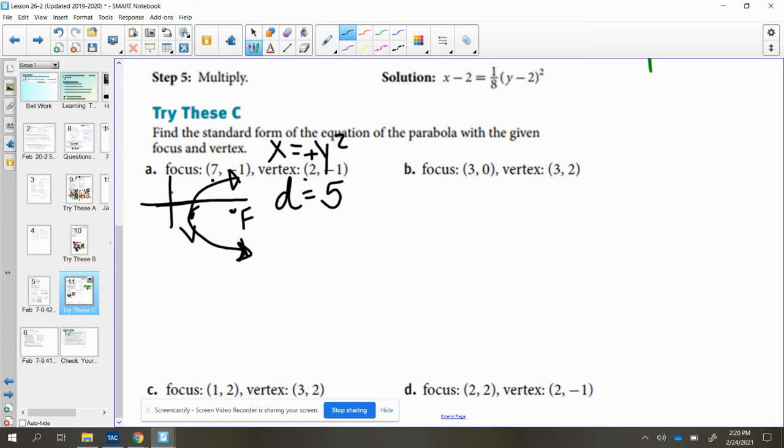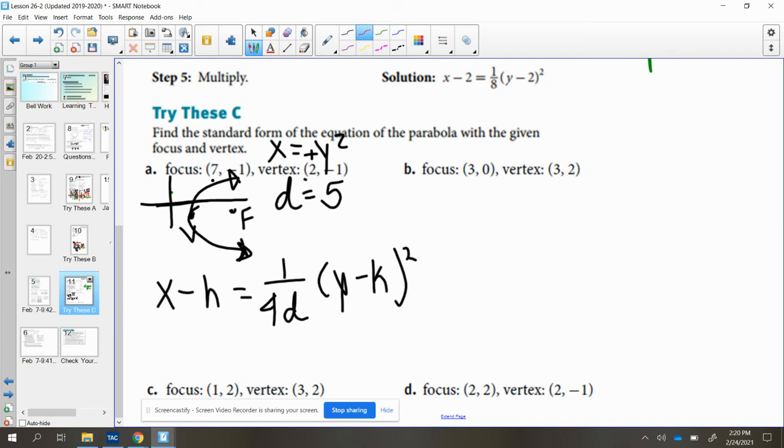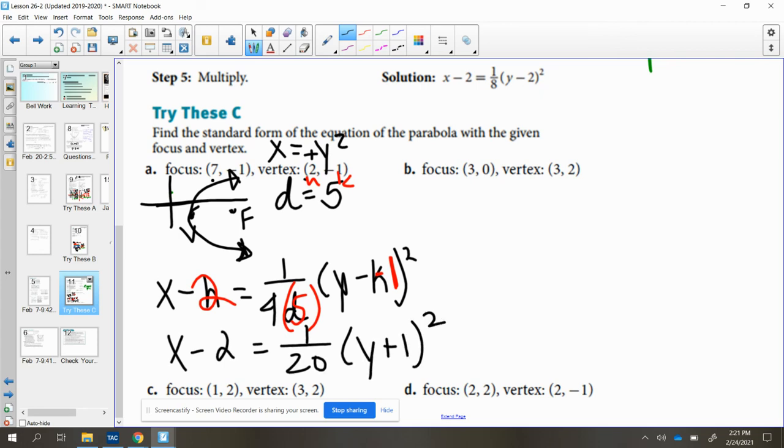So as we start plugging this in, again, we know it's going to be x minus h, 1 over 4d, and then y minus k quantity squared. Well, we have h and k are 2 and -1, and then our d value is 5. So our final answer here, x minus 2 equals 1 over 20, y plus 1 quantity squared.